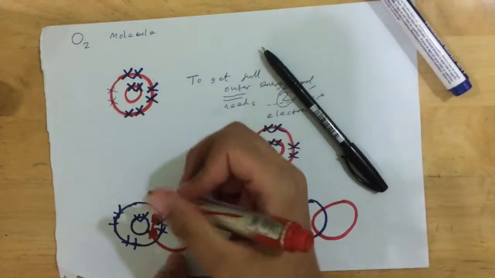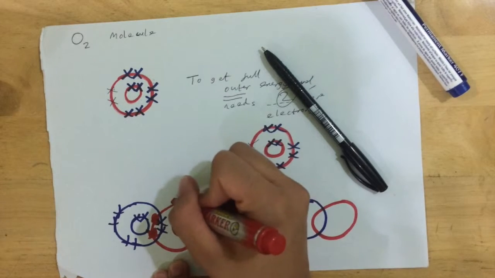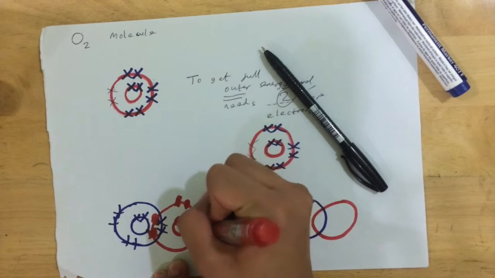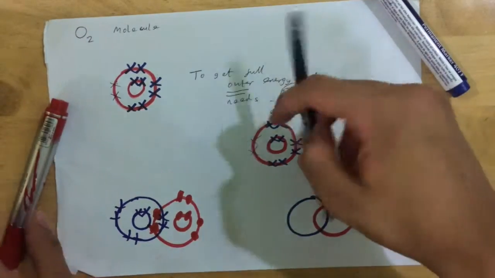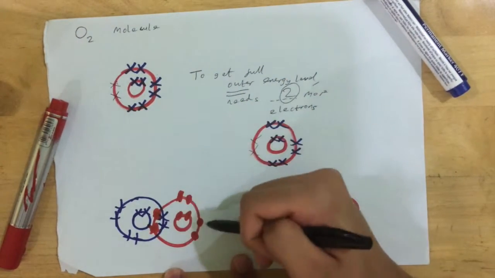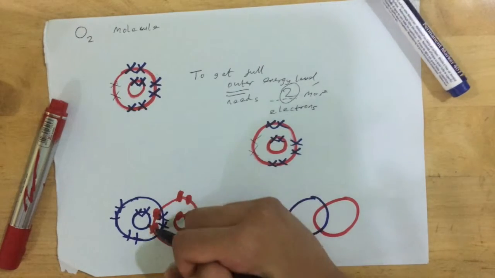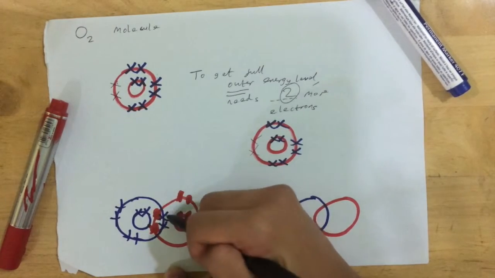So the other 4 is just for them. As you can see, if you count them up, 1, 2, 3, 4, 5, 6, 7, 8.